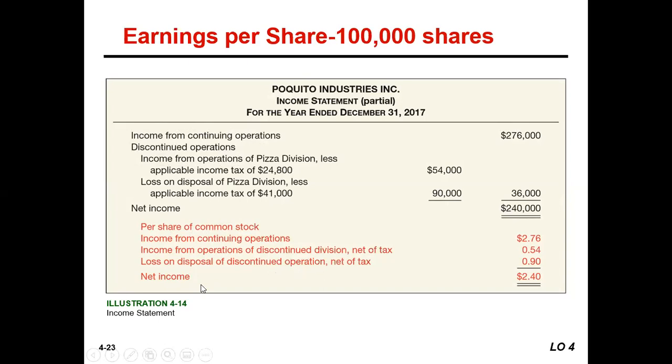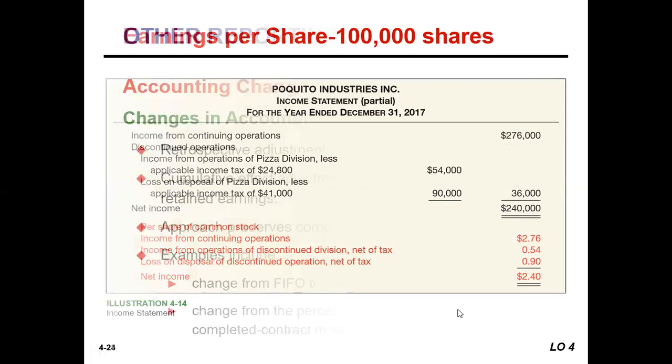So there are a couple of different ways we can calculate this, but generally speaking, this $2.40 is what we would want to see, earnings per share based on that bottom line net income figure.